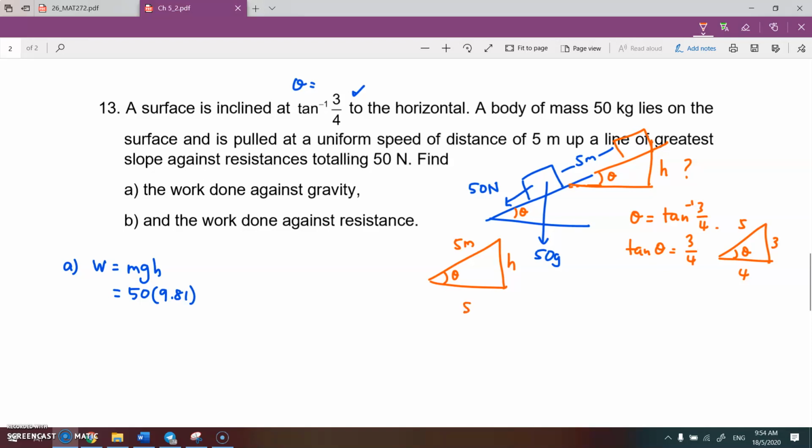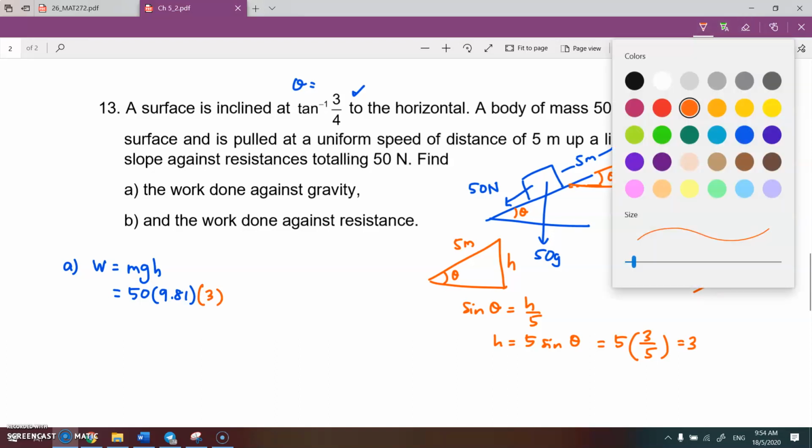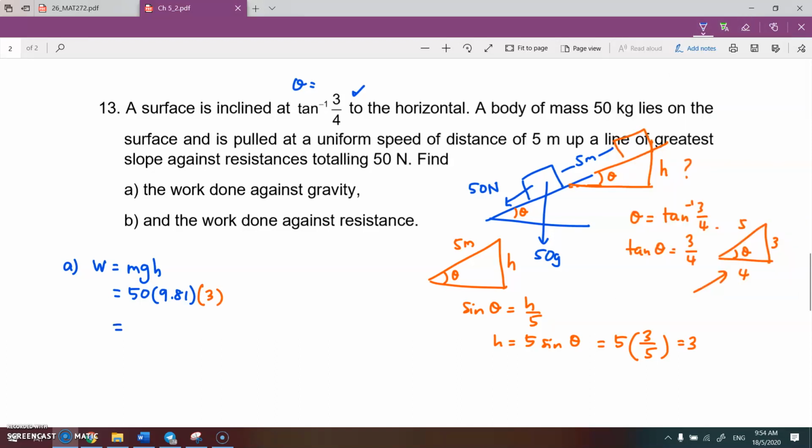Using sine, sin theta is h over 5, so h is 5 sin theta. From the triangle, sin theta is opposite over hypotenuse, so it is 3/5. Substitute in: 50 times g times 3. Your answer would be 1471.5 joules.